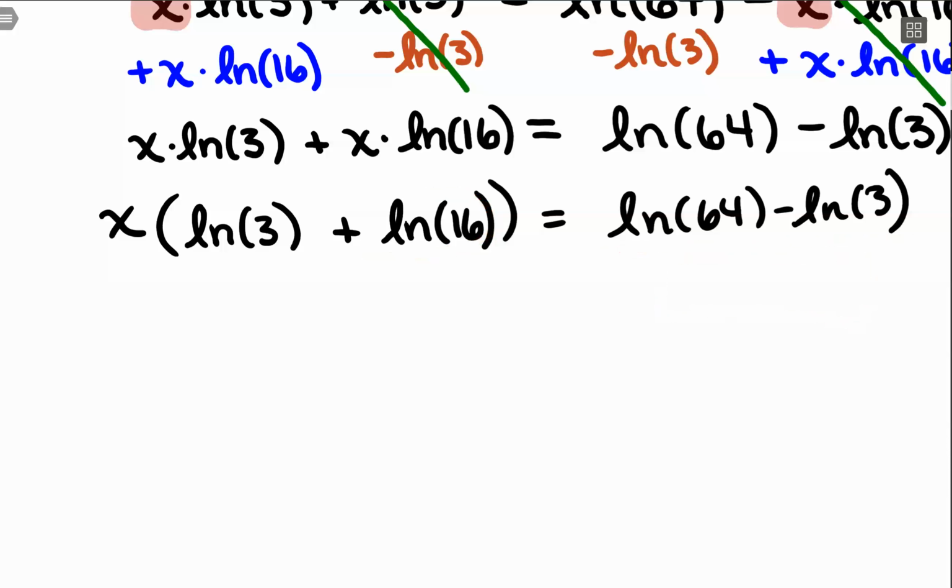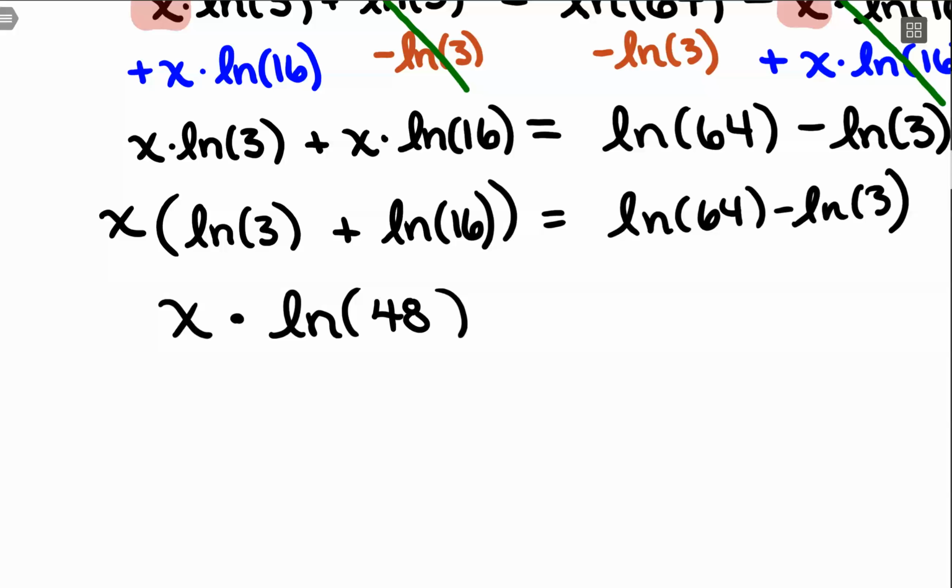And that's great, and you can type it into the calculator. But if you want to make this a bit simpler, we can combine the two logarithms we're adding here. So really this is the same thing as x times the natural log of, and since it's addition, we multiply 3 times 16, which is 48.